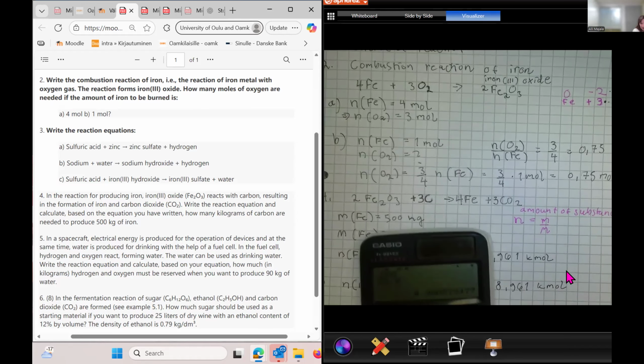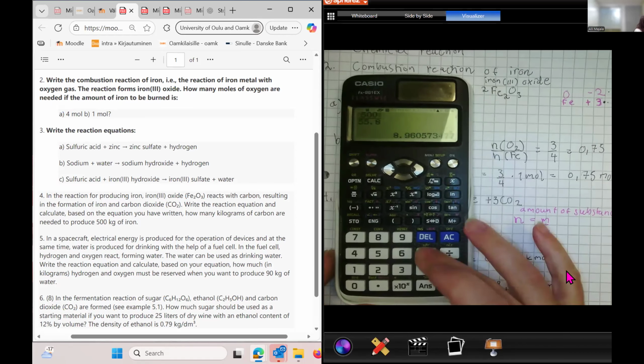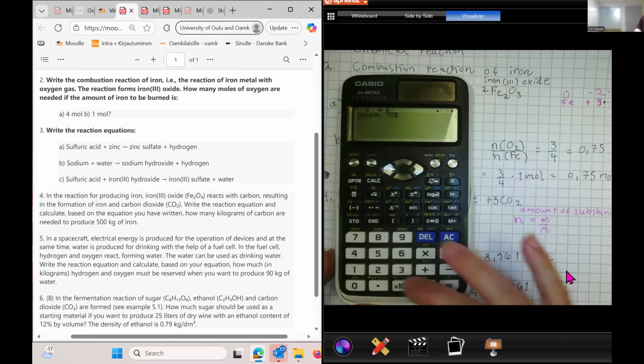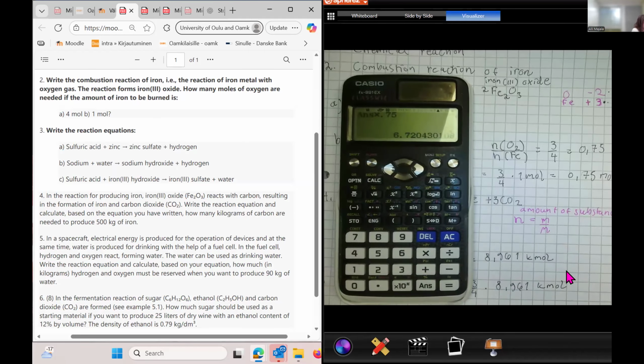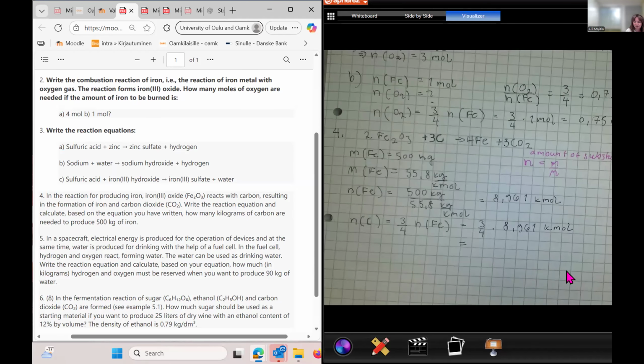So here I have this accurate number. I can just multiply it with 0.75, and I get how many kilomoles of carbon I need.